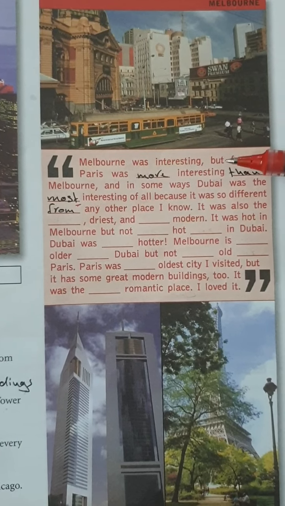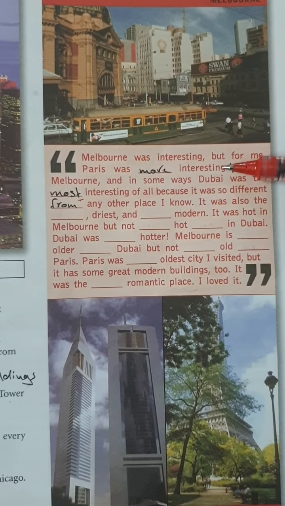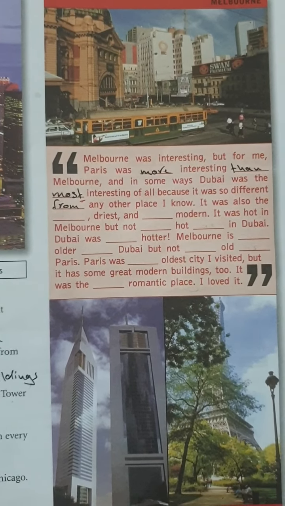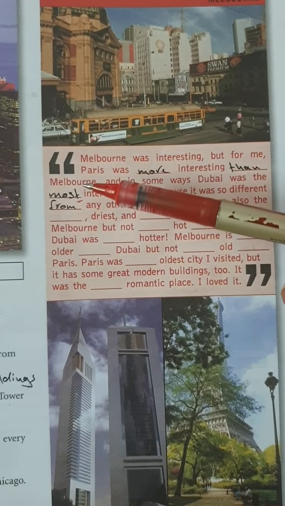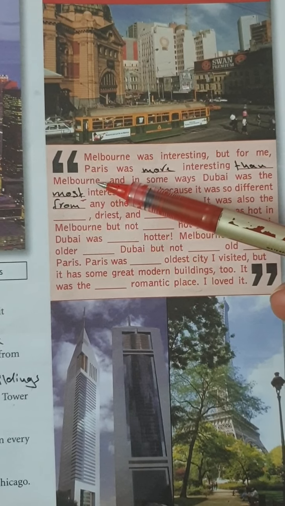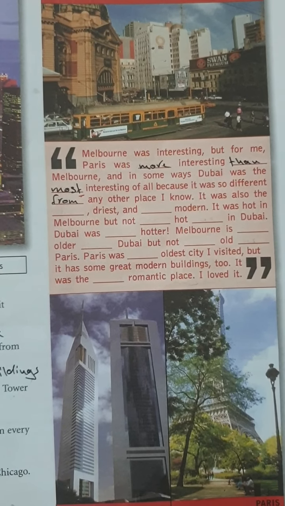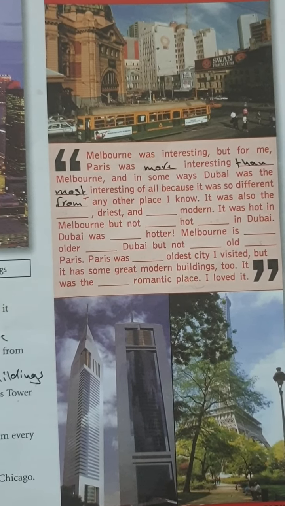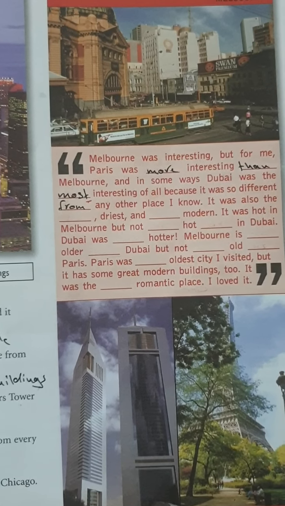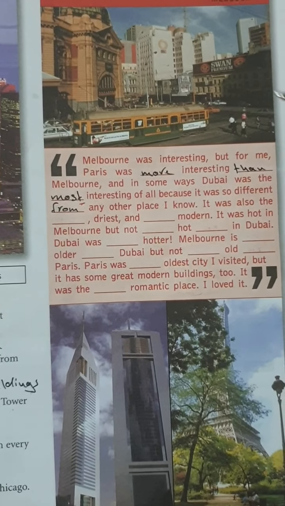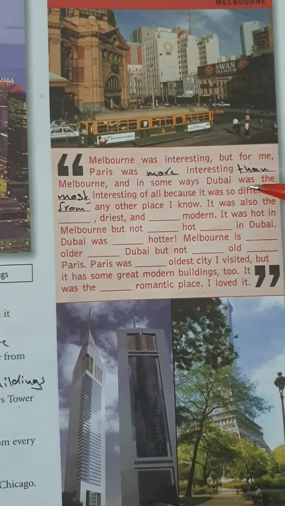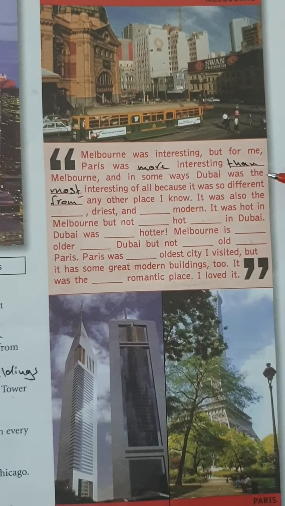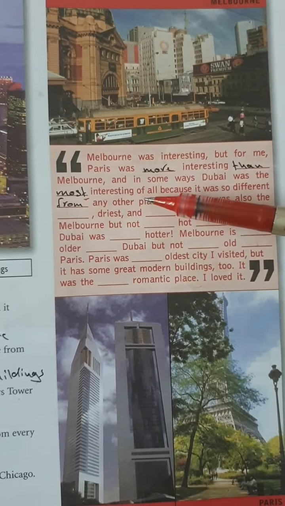And we have an adjective of 4 syllables, so we should use more. More interesting than Melbourne. And عندنا بعد الcomparative يعني بعد صفة المقارنة we should use than. So than Melbourne. And in some ways Dubai was the most interesting of all.